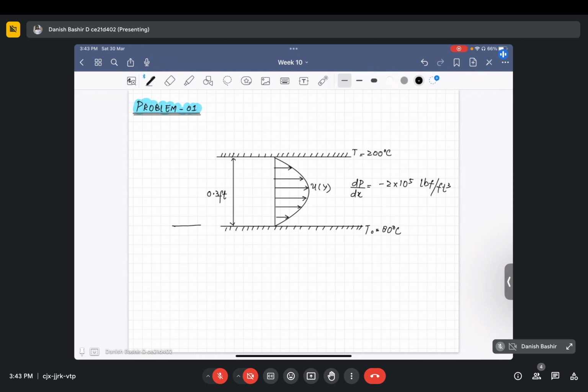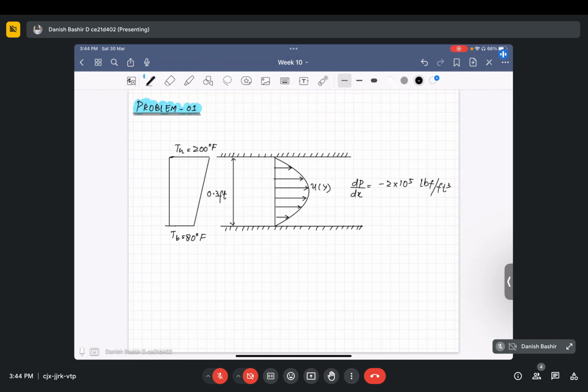Temperature variation is like this. Temperature at top is 200 degrees Fahrenheit. Sorry, temperature at the bottom is 80 degrees Fahrenheit. Accordingly the viscosity will also be varying.